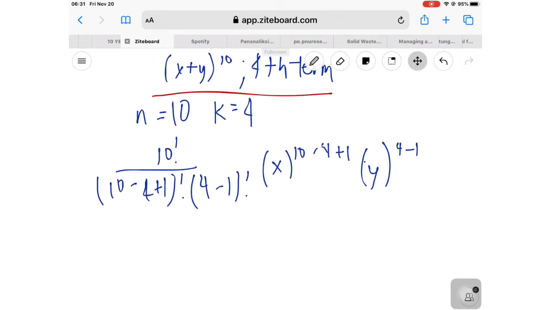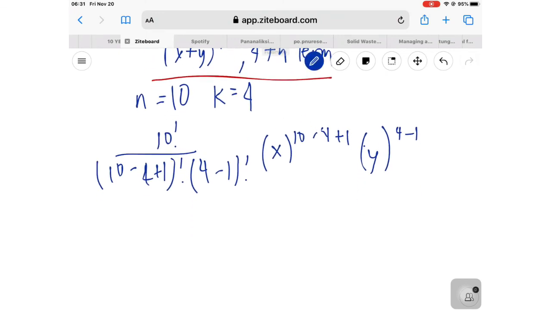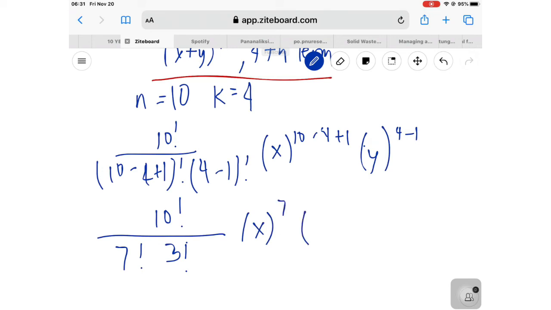So, simplify lang natin. 10 factorial, 10 minus 4, 6, plus 1, 7 factorial, 4 minus 1, 3 factorial. So, sa x naman, raised to 7 and y is raised to cube.